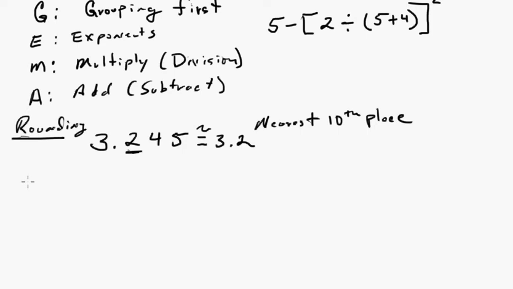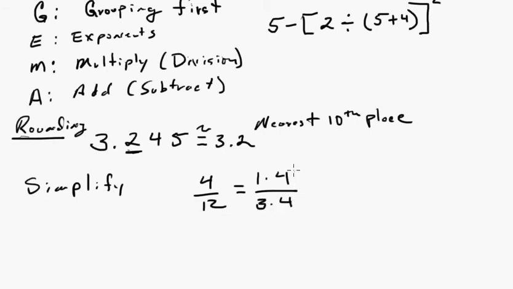Then the last thing is simplify. Let's take the number 4 over 12. If we simplify it, we might see that 4 is 1 times 4, and 12 is 3 times 4, and 4 divided by 4 is 1, so we get 1/3 times 1, or 1/3.